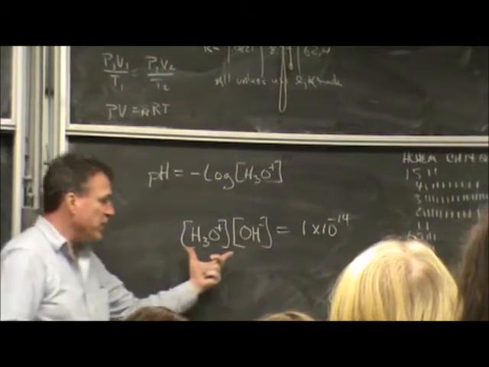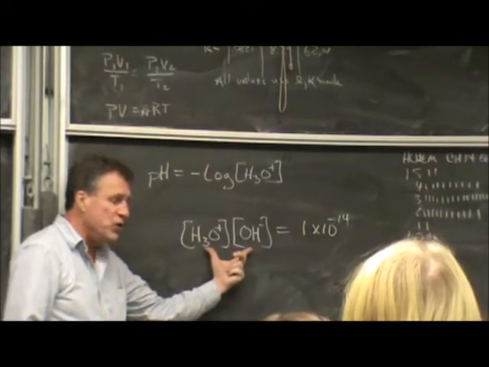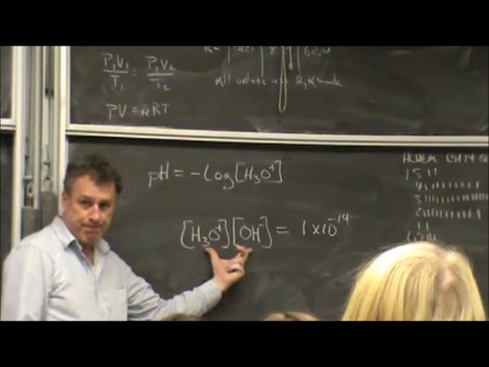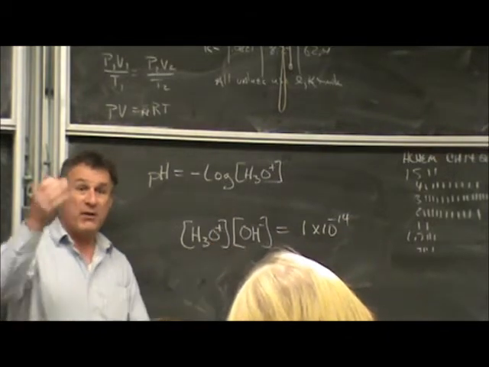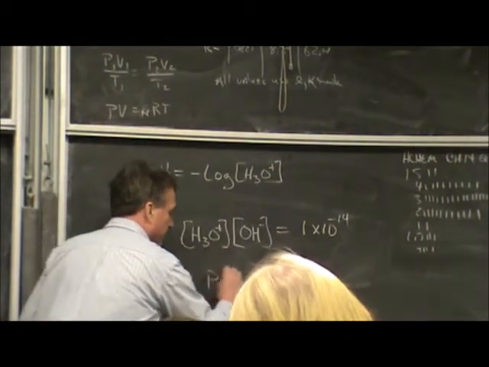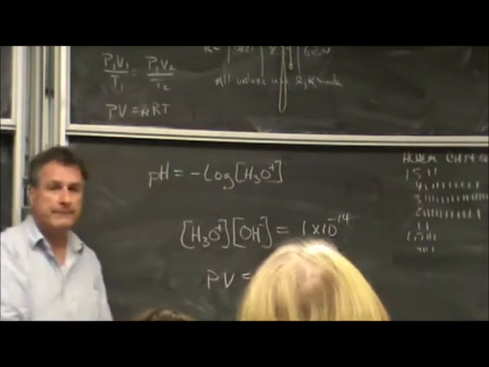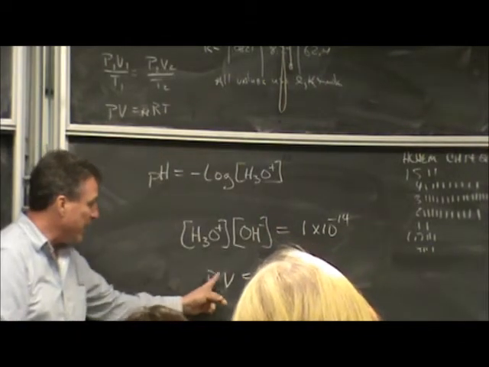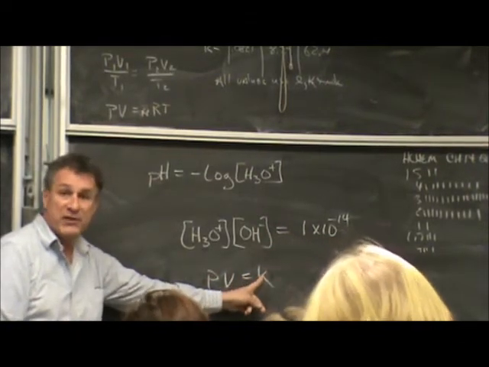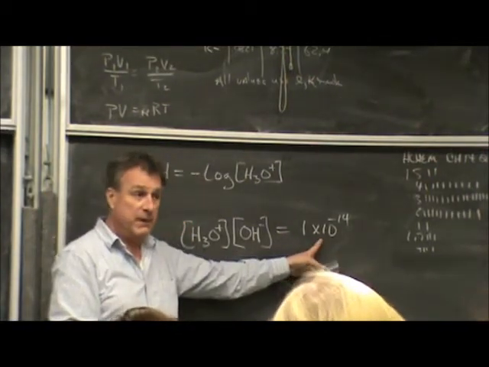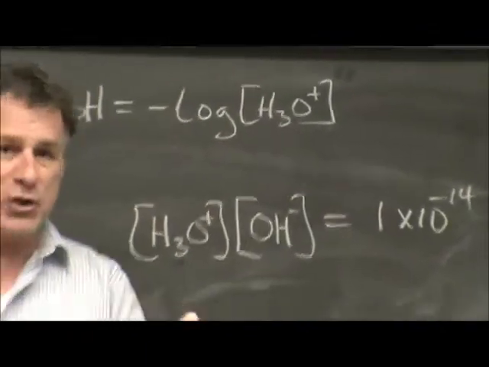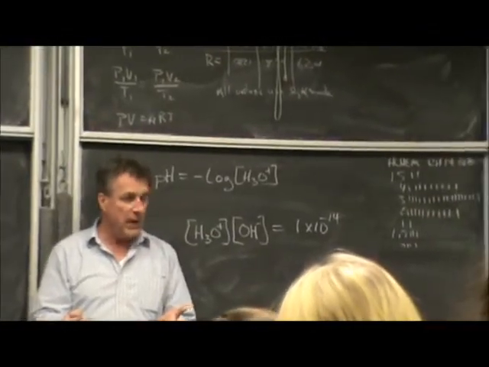What is the relationship then in this equation between these two quantities? Inversely proportional. If one goes up, the other goes down. Remember when we did this? If one gets bigger, the other has to get smaller if this remains constant, right? And this is a constant. So if one of these gets bigger, the other gets smaller. This is a mathematical way of expressing that same relationship that Le Chatelier tells us about and that we just talked about.